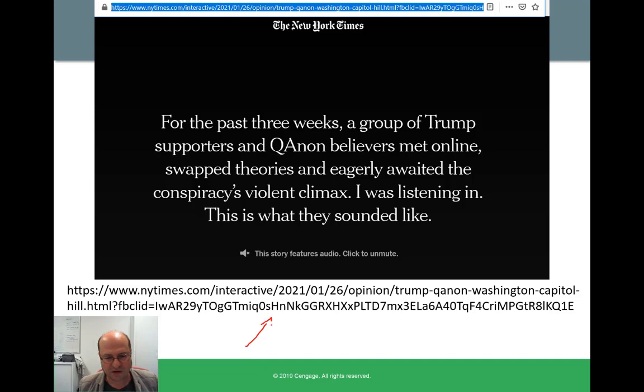I'm sorry, the link is quite long. I'll post this PPT on the flow site so that you can click. But if you type into Google Trump, QAnon, Washington, Capitol Hill, you're going to get to this wonderful article.